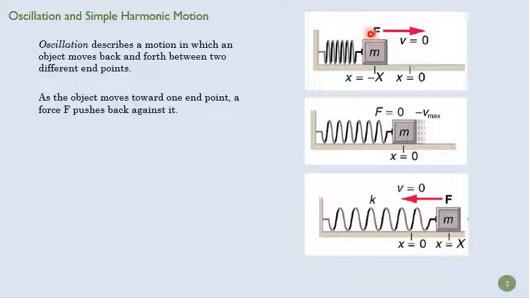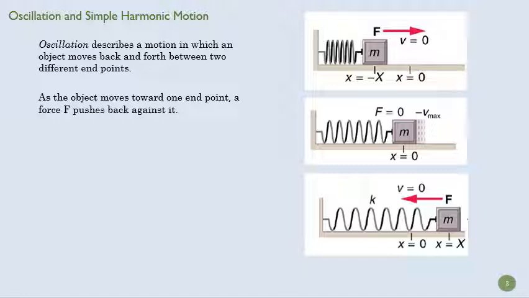So when it's here, the force tries to restore us to x equals 0, which we call our equilibrium point. But once we're past there, the spring starts pulling back on the mass to the left. So over here, our force is pushing to the left. The mass starts moving again to the left. It passes the equilibrium point, and again, our force starts pushing back to the equilibrium point.